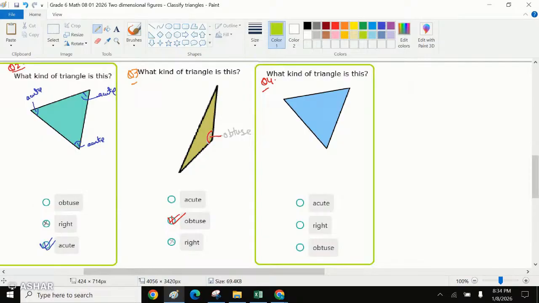So 2 angles have to be acute. Let's suppose this was acute. It all depends on the third angle, which could be acute, obtuse, or right. Do we see this as 90 degrees? No, the third angle is not 90. So we say it's not a right angle. It could be acute or it could be obtuse. Yes, thank you, Princely. This is also acute. So we say this is an acute triangle.